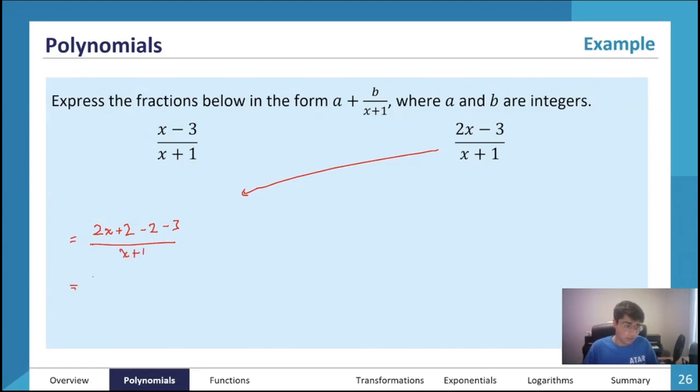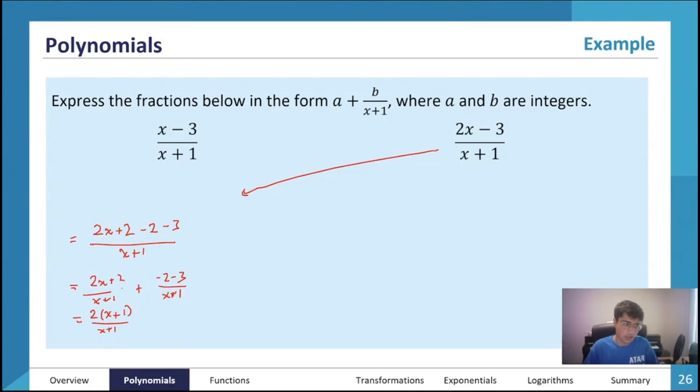Okay, so we can then split it up. We have 2x plus 2 over x plus 1, and then plus minus 2 minus 3 over x plus 1. Now notice with this first fraction here, we can rewrite it as 2 times x plus 1 over x plus 1.